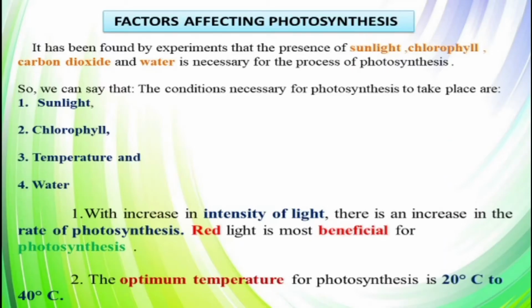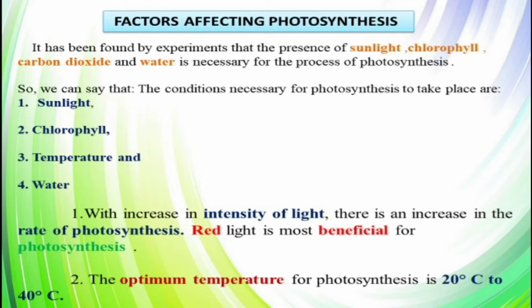Factors affecting photosynthesis. It has been found by experiments that the presence of sunlight, chlorophyll, carbon dioxide, and water is necessary for the process of photosynthesis.